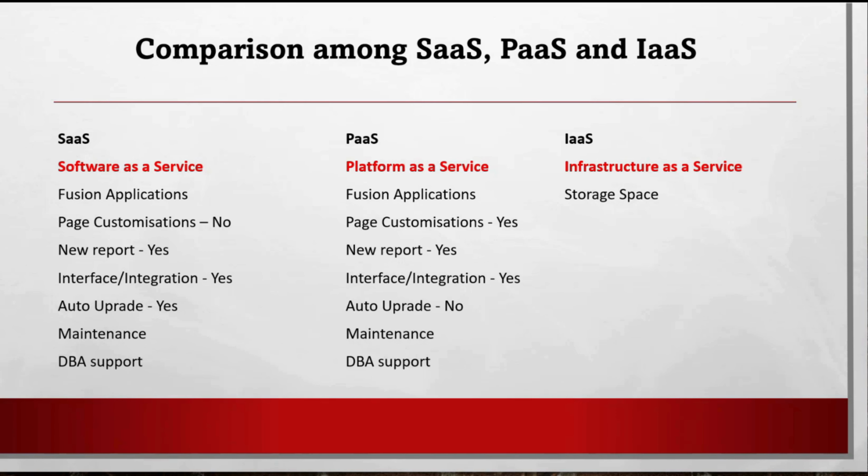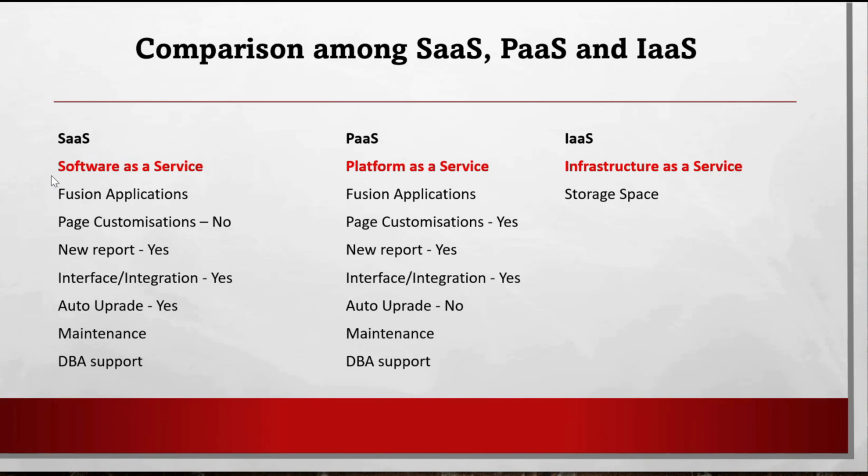Okay, so now let me give you one example. Suppose as a client, I only need some storage space. I don't want to buy any server. What is the best option in the market in this case? As a client, if I only want storage space, we will just buy storage space and we will take care of everything else, that is creating any applications, maintenance, DBA support, any upgrades like that.